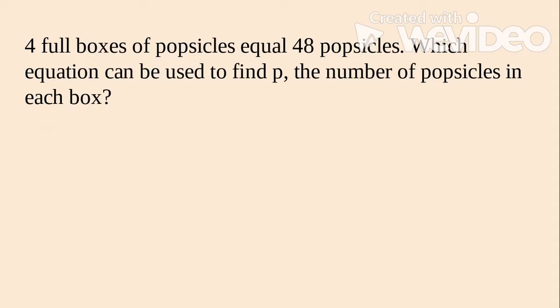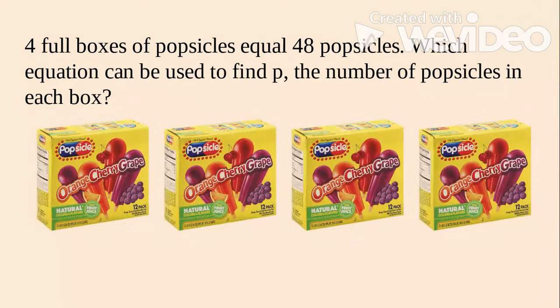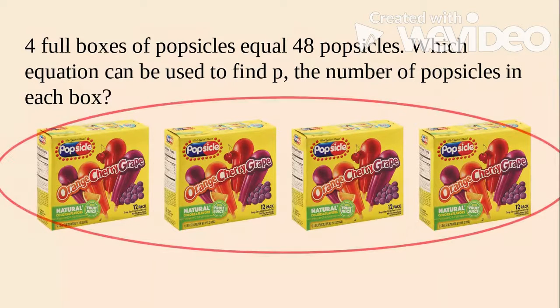4 full boxes of popsicles equal 48 popsicles. Which equation can be used to find P, the number of popsicles in each box? So I'm going to think about what I know, what I have. I know I have 4 full boxes of popsicles. Altogether, these popsicles equal 48.